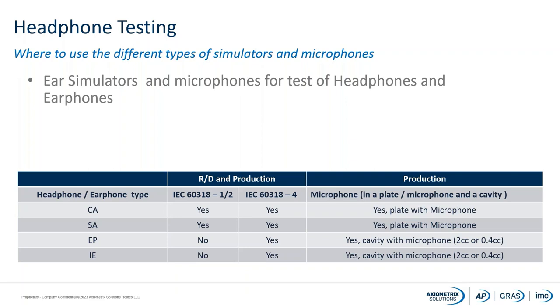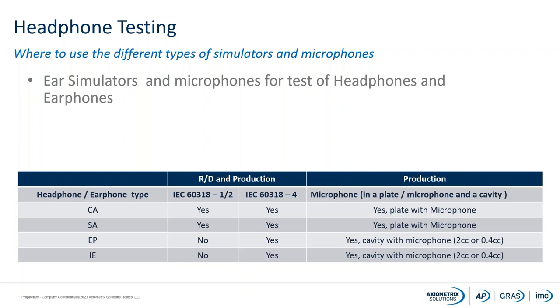IEC 60318-1 can be used for the headphone types on ear and over the ear. The IEC 60318-4 can be used for all types of headphones: on ear, over the ear, earbuds, and in-ear headphones.